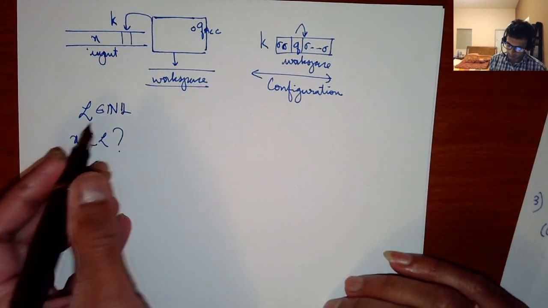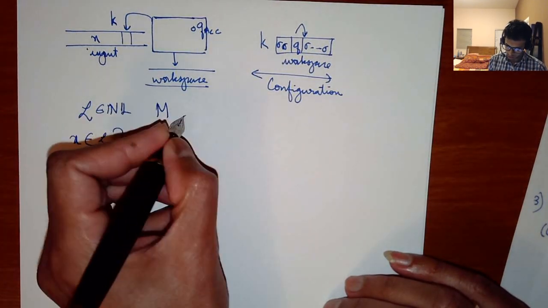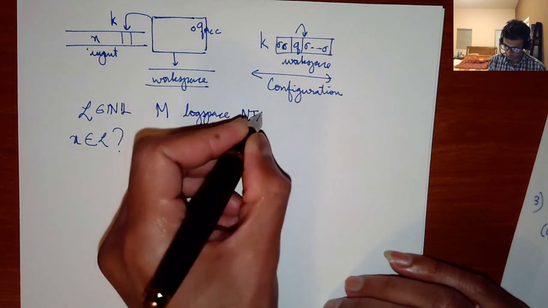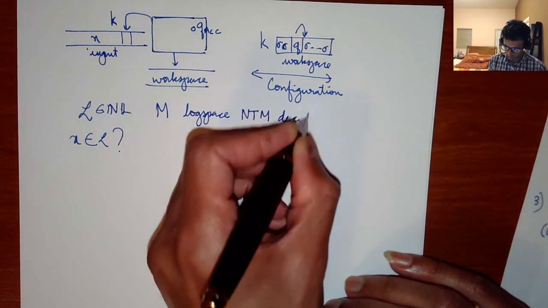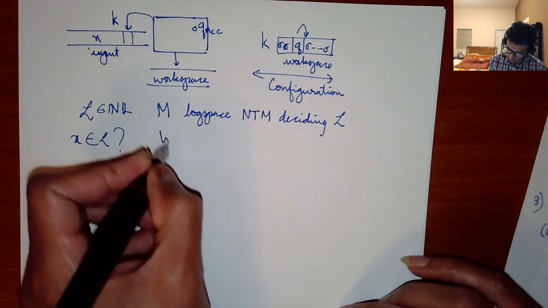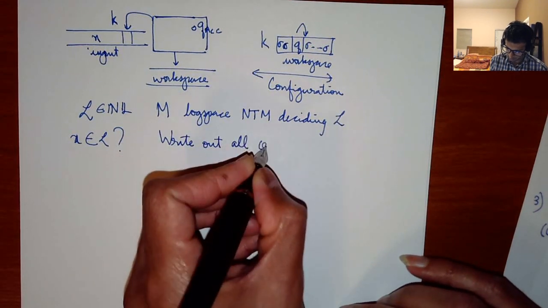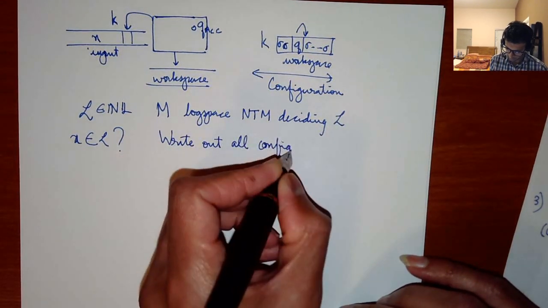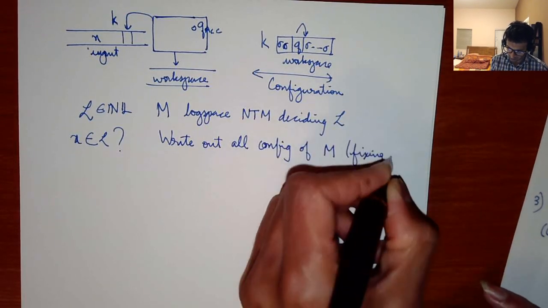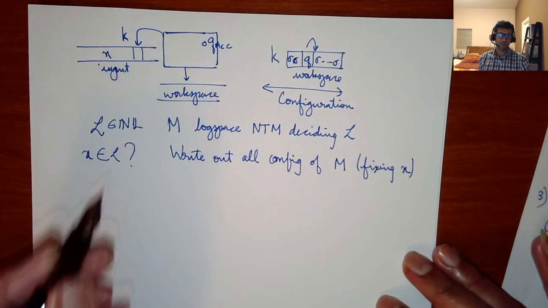We're going to say, there is this M, a log space non-deterministic Turing machine deciding L. Let's write out all configurations of M. Fixing X, the input is fixed, it's read-only, but let's write out all the possible configurations.